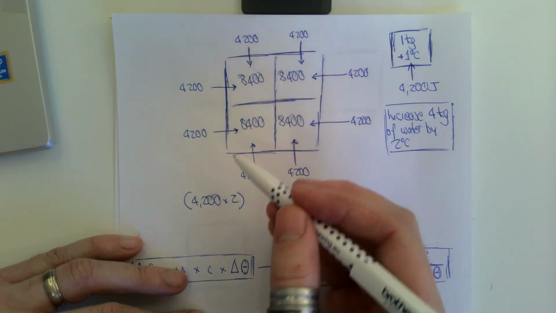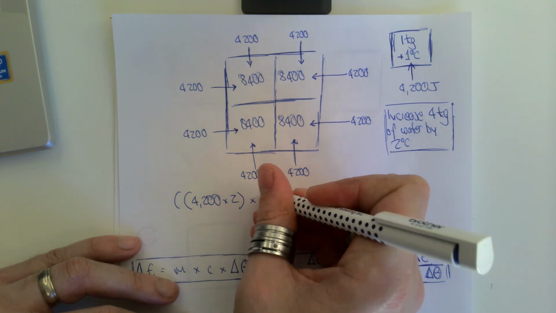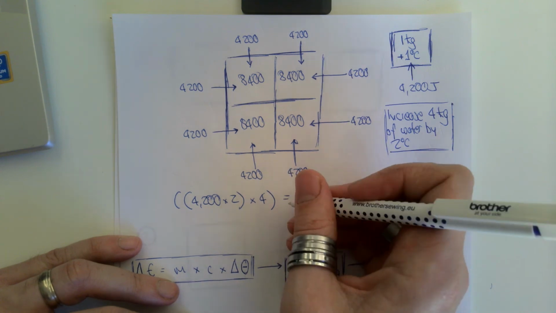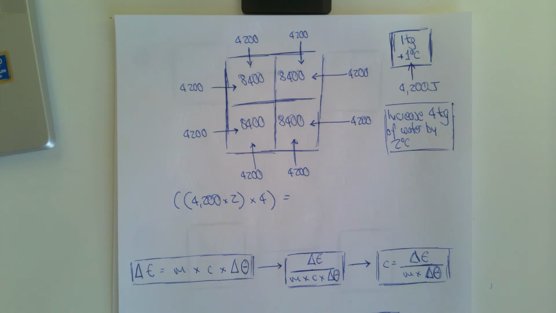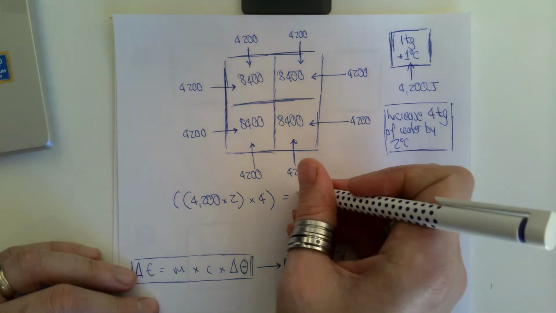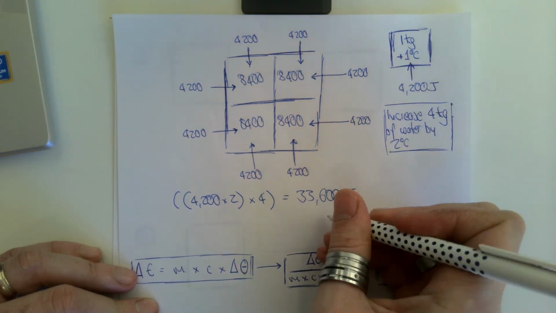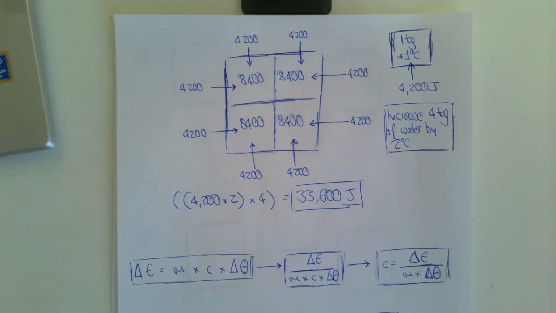So we've got each of those, so it becomes 8,400. But then we have to multiply that by 4, which ends up giving us, if we do that quickly, 8,400 times 4 gives us 33,600 joules. So another example of how we might apply it slightly differently.